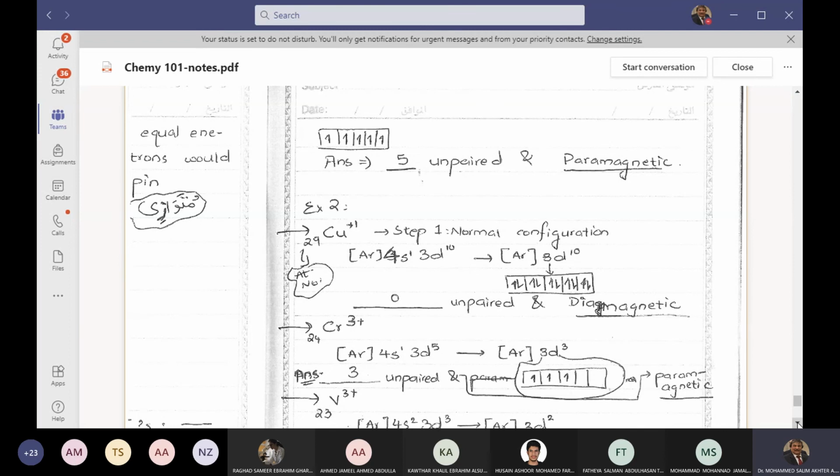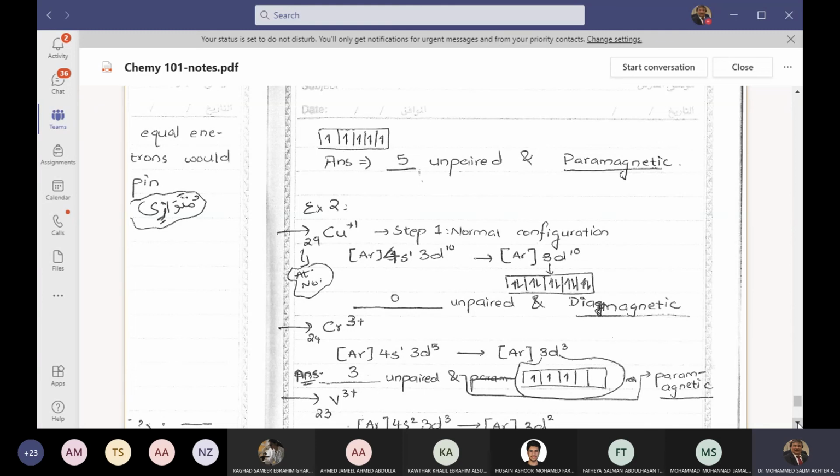What will be the configuration? Normal configuration: Ar 4s2 3d7. Now you have cobalt 3 plus.